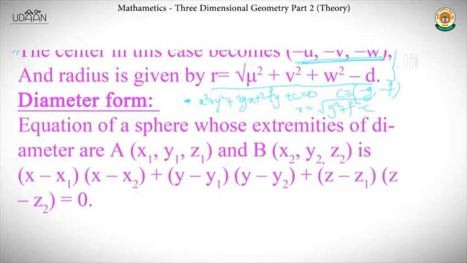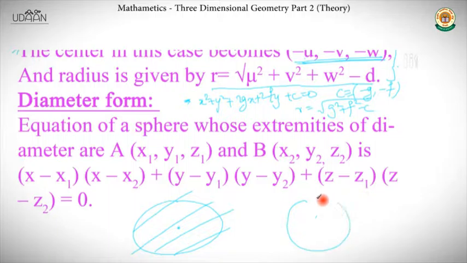Another form of the equation of a sphere is the diameter form. Here the extremities of a diameter are given, and then we need to find the equation of the sphere. Let us say this is our sphere. Extremities of the diameter are given.